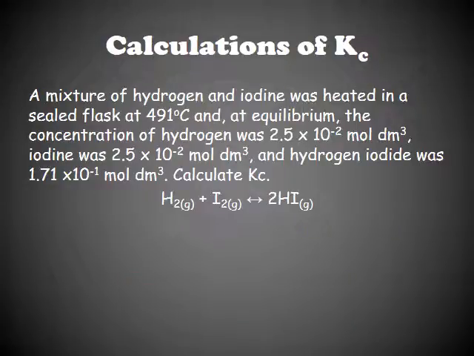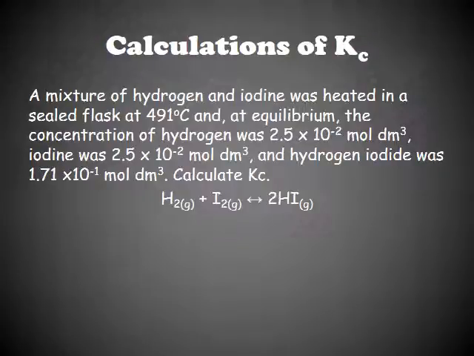For our final part of the lesson, let's look at calculating a value for Kc and working out whether it favours the reactants or the products. Here's a reaction: hydrogen plus iodine giving 2 hydrogen iodide, in gas form. You have this mixture at 491 degrees Celsius in a sealed flask, at equilibrium.